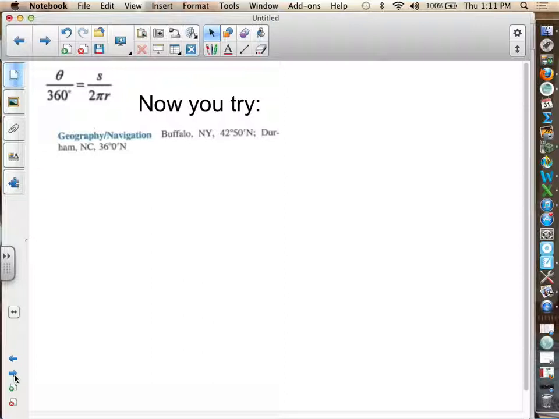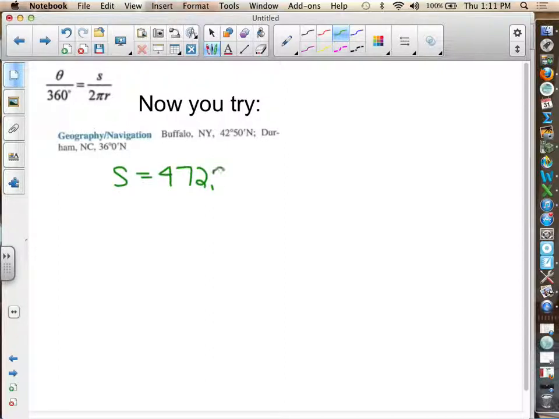You can use the radius of 3964 again. Right, so for this one, if I did this correctly, my S is going to be 472.763.